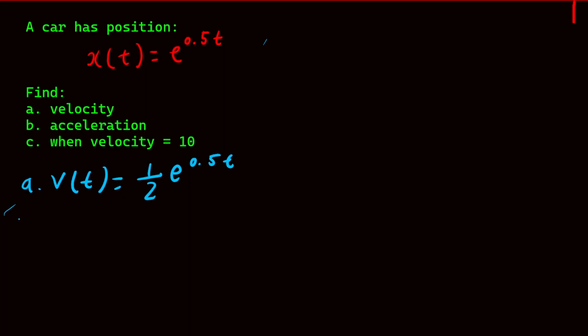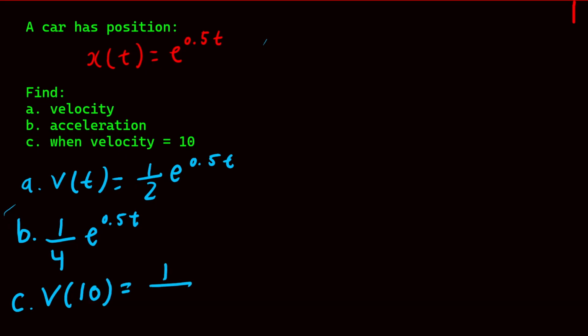And then B, the acceleration function, would be the derivative of the velocity function, would just be 1/4 e to the 0.5t.